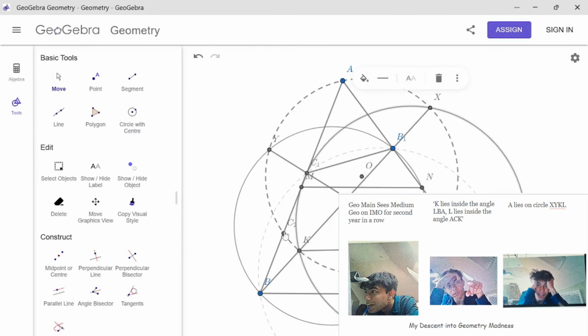No, we're doing power of a point of C2. We don't know anything about C2. Wait, if we show this aside, are we done? Because we know that, I mean, we've got the length, right? We've got the length BC2 times BA.